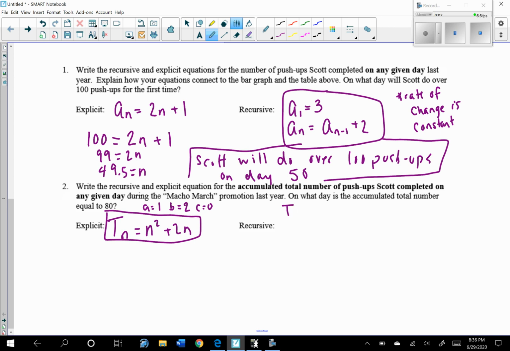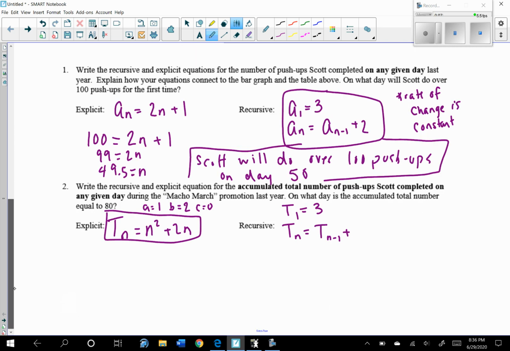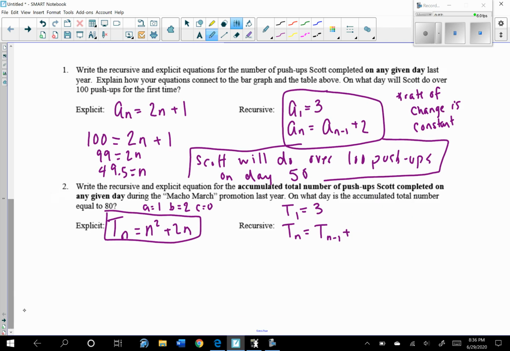So remember, we have to state our first term, t of 1 equals 3, and the formula for the nth term, so t of n is equal to the previous term plus, and then if we go back up here, remember the second difference was 2, so this would be 2n, so 2n plus something.